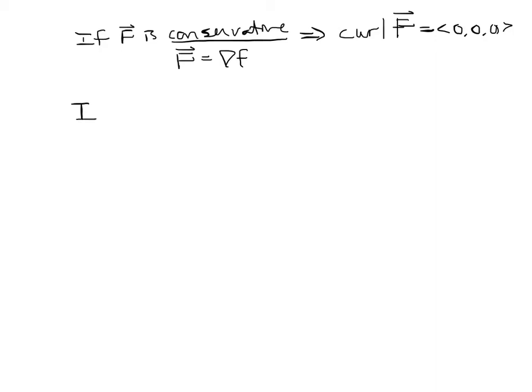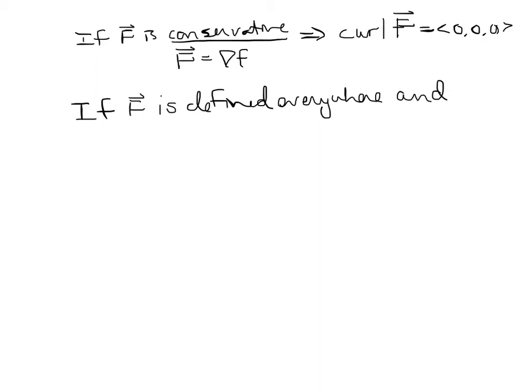It's not necessarily true the other way around. If F is defined everywhere, so this means there can't be any divisions by 0, there can't be any square roots, there can't be any natural logs in there. So if F is defined everywhere and the curl is equal to the 0 vector, then F is conservative.